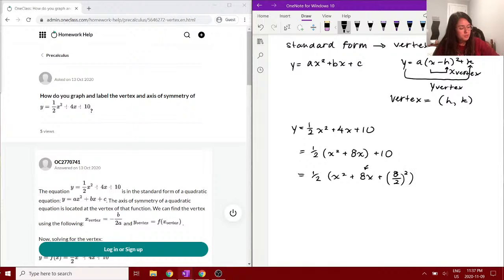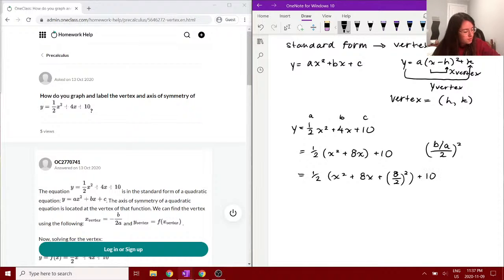You can also imagine this as b over a, divided by 2, squared, is the value that you're adding. Remember we divided, so this is a, this is b, and this is c. We divided b, which is 4, by a, which is 1/2. We did that originally to get 8. So that's why it's just 8 divided by 2 squared.